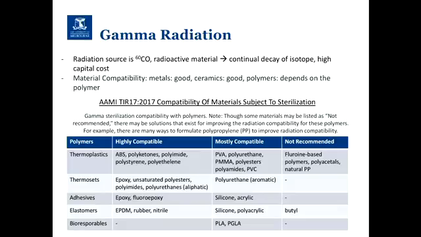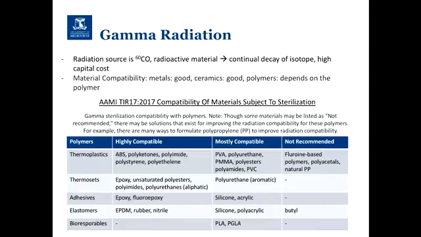You also have very high capital costs involved in setting it up, because at the site you're going to have an isotope that's emitting gamma rays higher than a lethal dose. You want to be able to isolate it in the room, so setting up a facility to do that is quite costly.